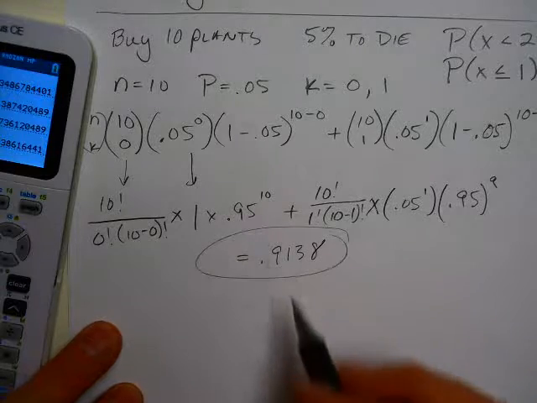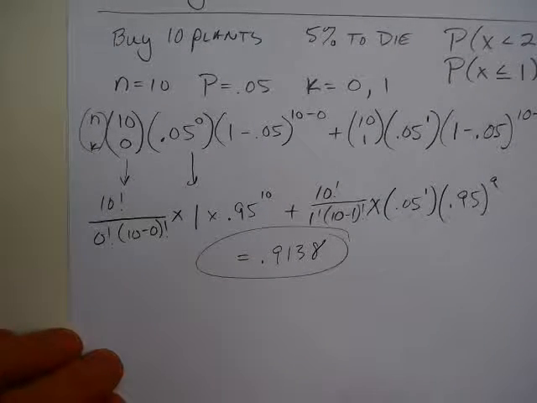So what that tells us is that there is about a 91% chance that no more than one plant will die.